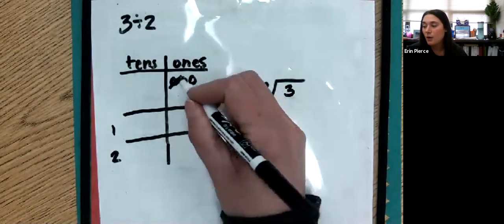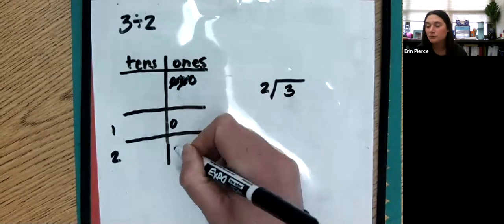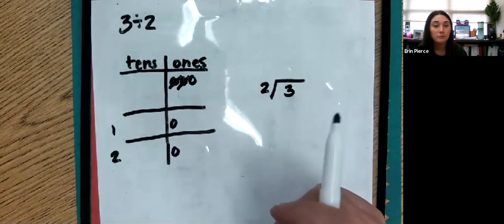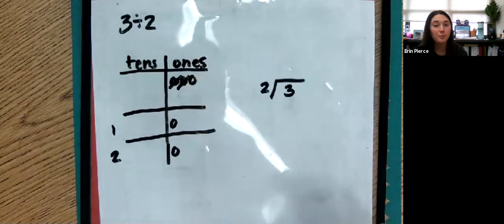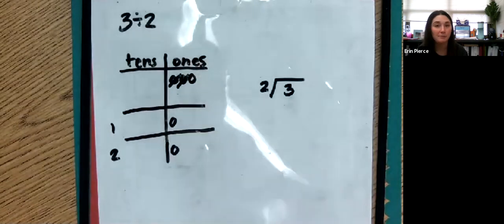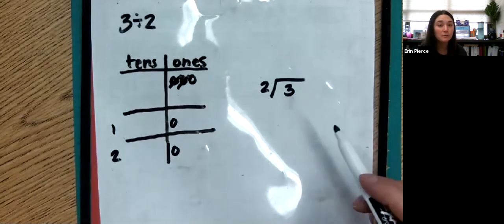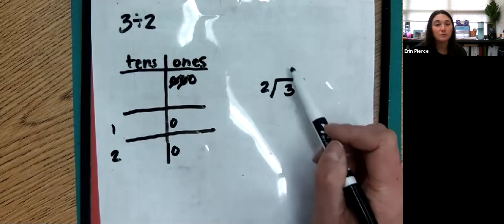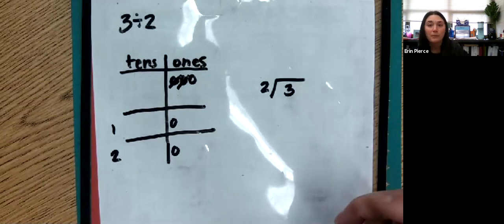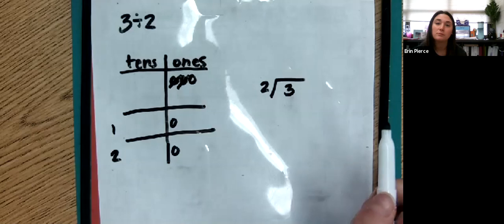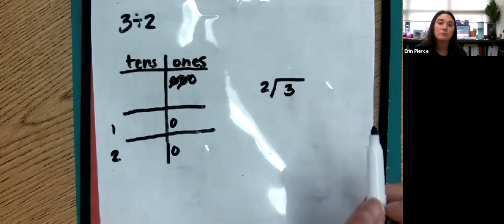I divide out 1, 2. I have 1 in each group. I have 1 remaining. So that means when I do 3 divided by 2, what goes above here? What number? Lucas. 1.